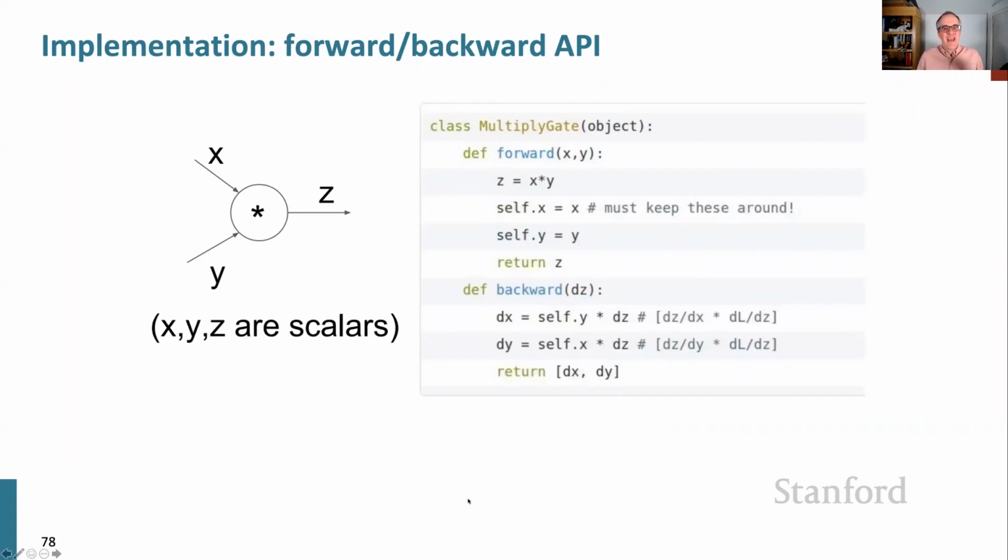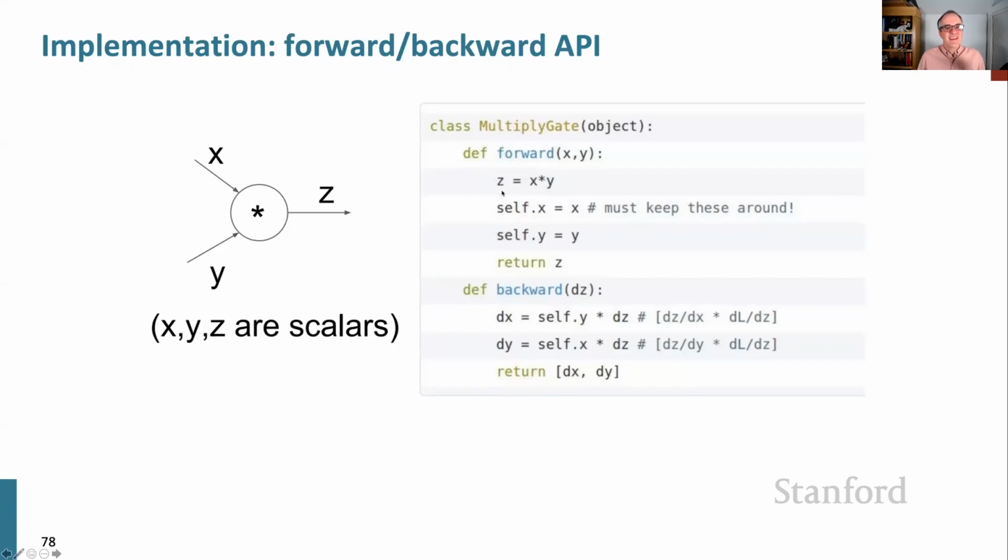And normally what I have to do is I assume the forward pass is being run first, and I'm going to shove into some local variables for my class the values that were used in the forward computation.